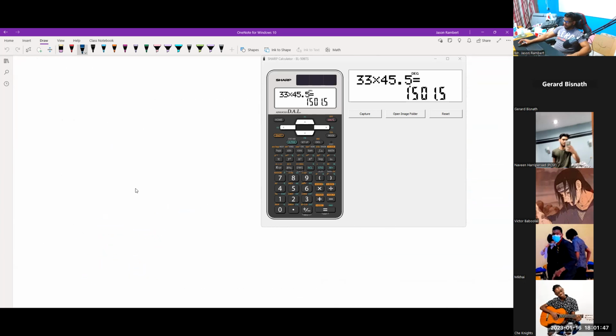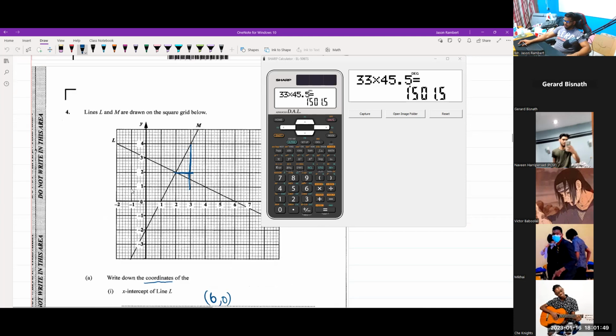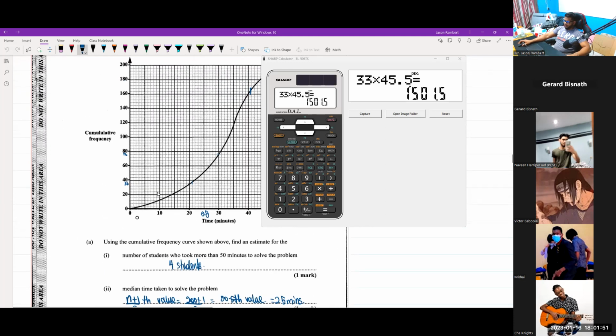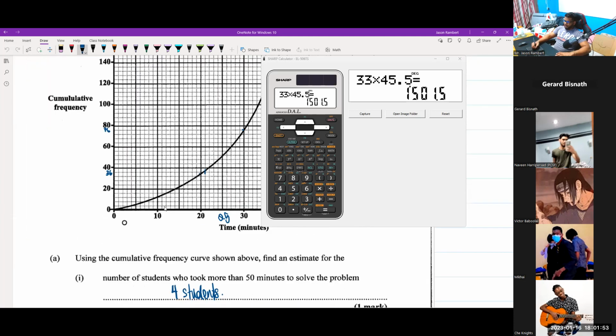Let's put the 11, looking like it's here. Now you can't have half of a student, eh? 20 is here. Again, you can't have half of a student here.